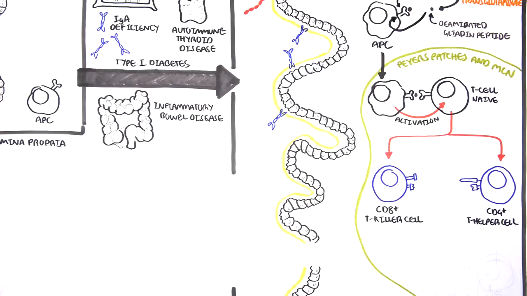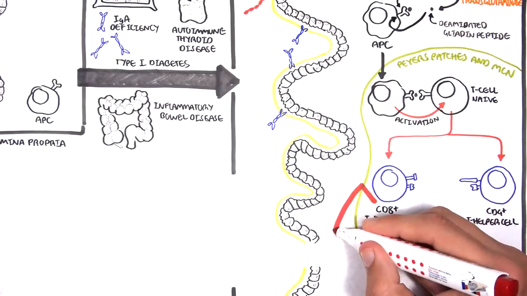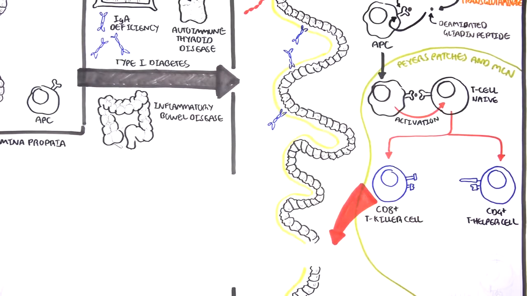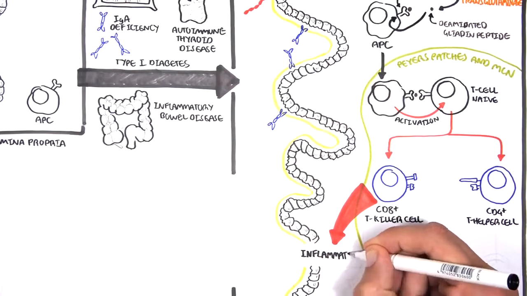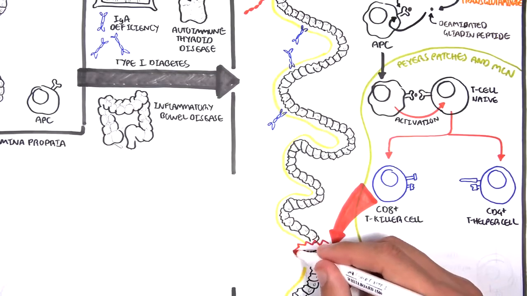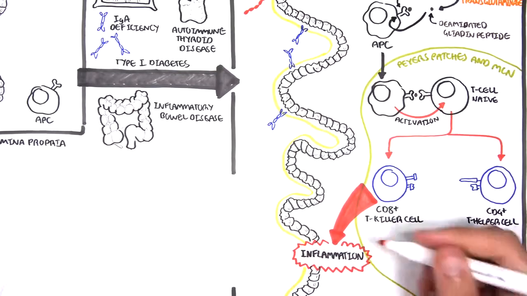And these cells are now primed against the deamidated gliadin peptide, or the gliadin protein, to make it easy. The CD8 T killer cell, as the name suggests, kills things. They are aggro and will promote inflammation when in contact with gliadin. So every time we eat gluten, which contains gliadin, inflammation will occur.